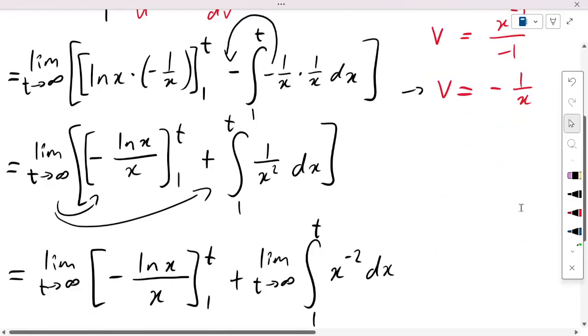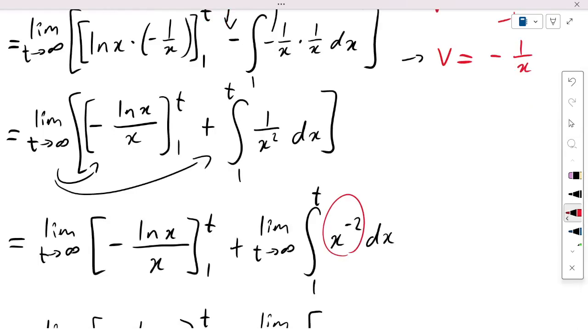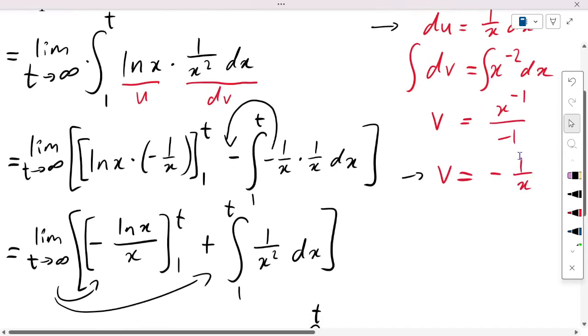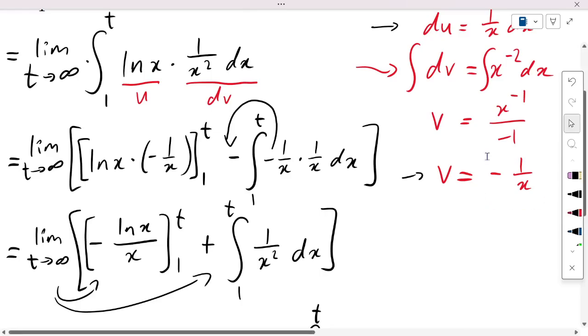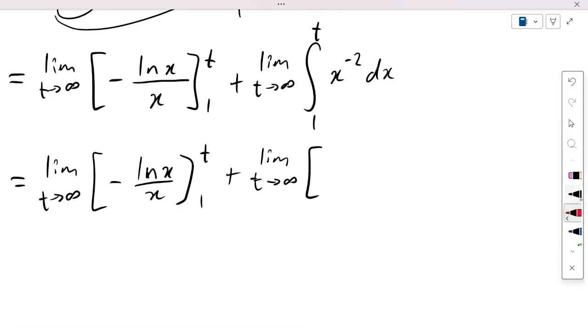Yes, the integral of x to the power of negative 2 is already done over here, so the answer is negative 1 over x inside this bracket. I want to take this negative outside of the bracket. This negative multiplied by this positive gives us a negative, so it's going to be 1 over x, evaluated from 1 to t.